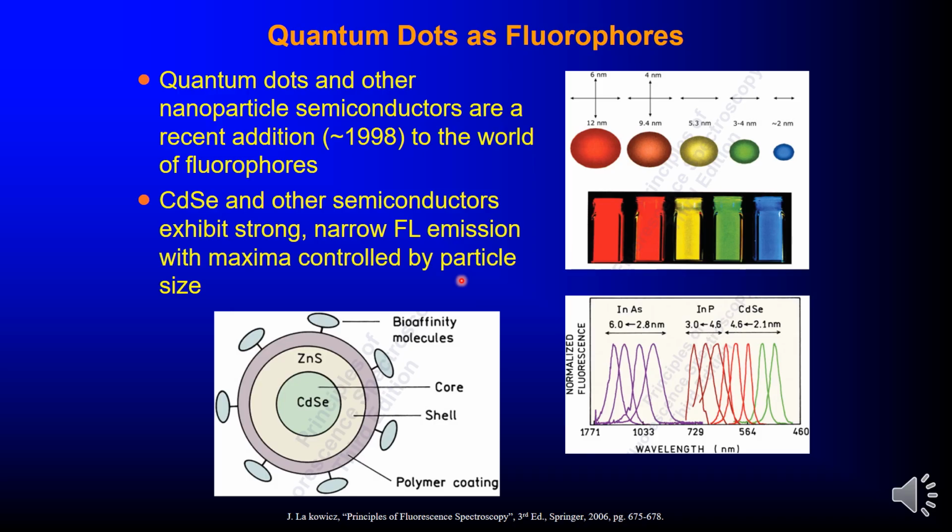You can see them in nanometers: 12 nanometers, this one is 9.4 nanometers, 5.3 nanometers, 3.3 to 4 nanometers, and this one is 2 nanometers. Very minute particles.